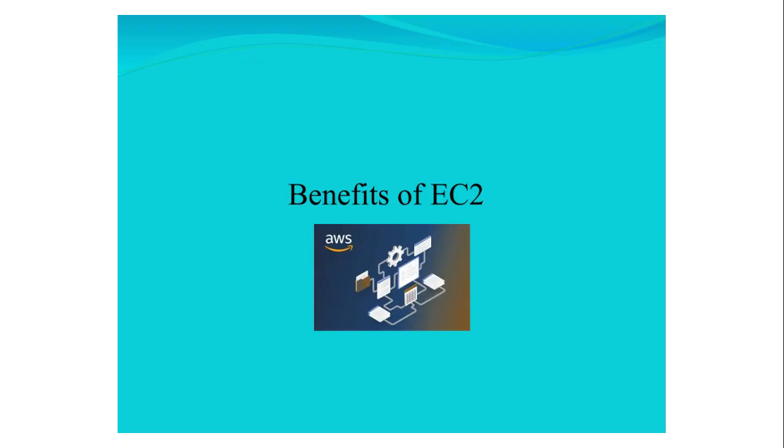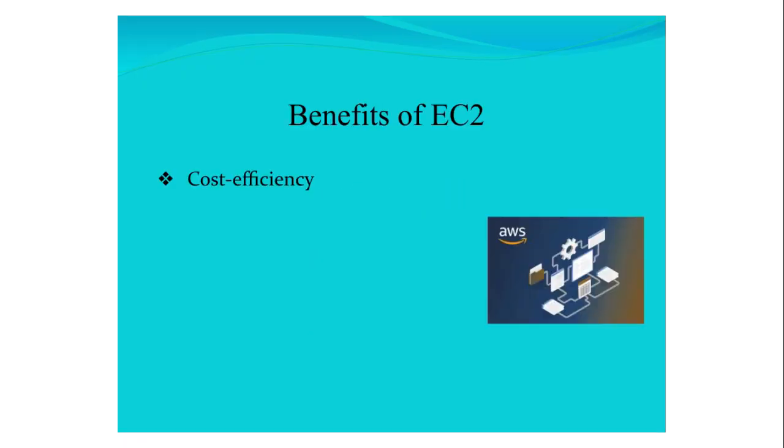Benefits of EC2. Amazon EC2 offers several clear advantages. Cost efficiency: with EC2, you pay only for what you use. You don't have to invest in physical servers or maintenance, so it's cost-effective. High availability and reliability: AWS operates in data centers worldwide, so you can run your EC2 instance in a region near your users, ensuring fast performance and reliability.